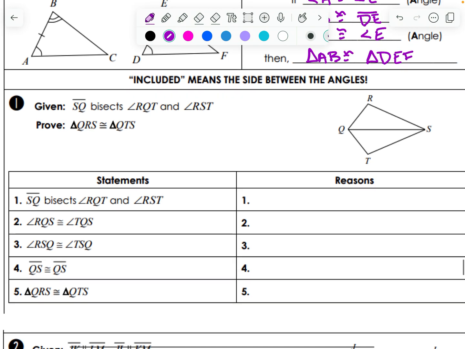So let's see this first example. Given SQ bisects RQT and RST. So SQ bisects, that's our given. Okay, so we're bisecting angles, so that means RQS and SQT are going to be congruent because of the definition of angle bisector.